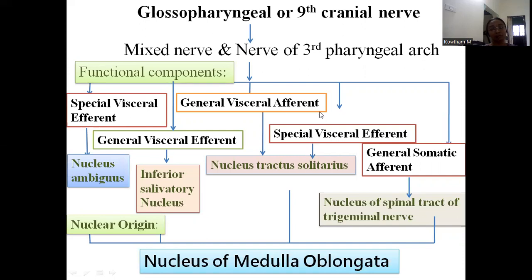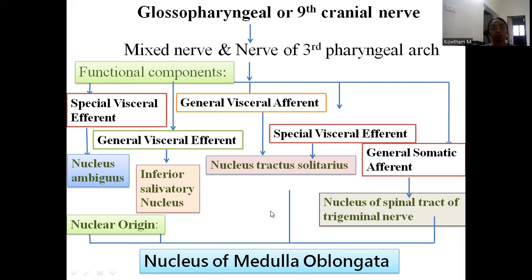In the visceral afferent, which is sensory, you have both general and special components, so the nuclear origin for both will be nucleus tractus solitarius. The general somatic afferent has its nuclear origin in the nucleus of the spinal tract of the trigeminal nerve. And you can see all these nuclei are arising from the medulla oblongata. Okay, now we'll go on to the next slide.